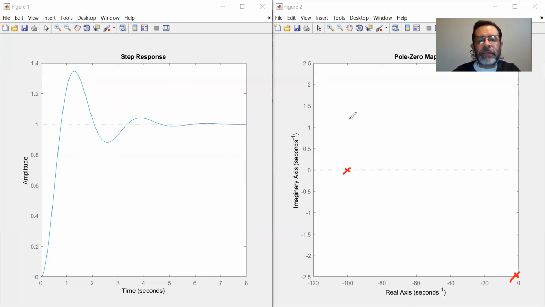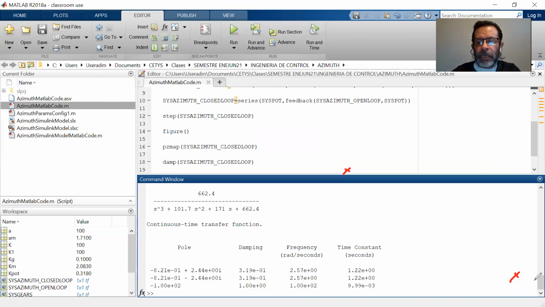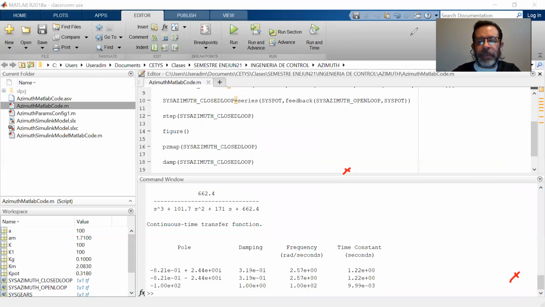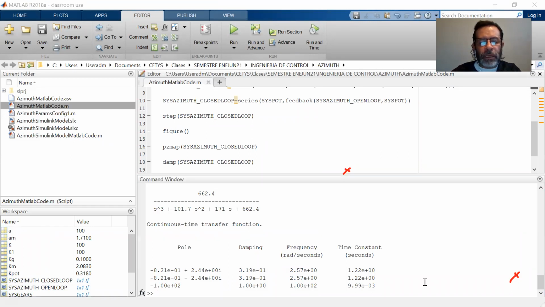Now let's look at the damping relationships or the damping ratio. Notice that the damping ratio here, the dominant one, is close to 0.3. We're a little bit below the value that we want, ideally.